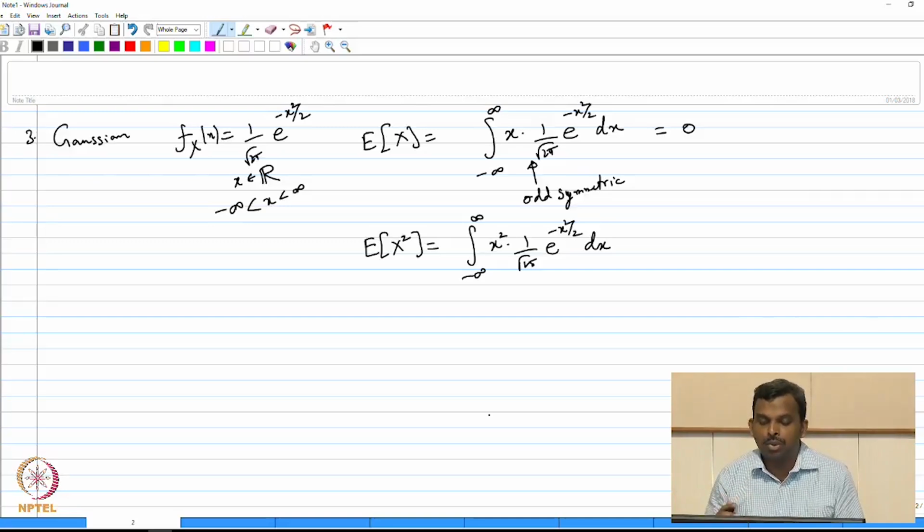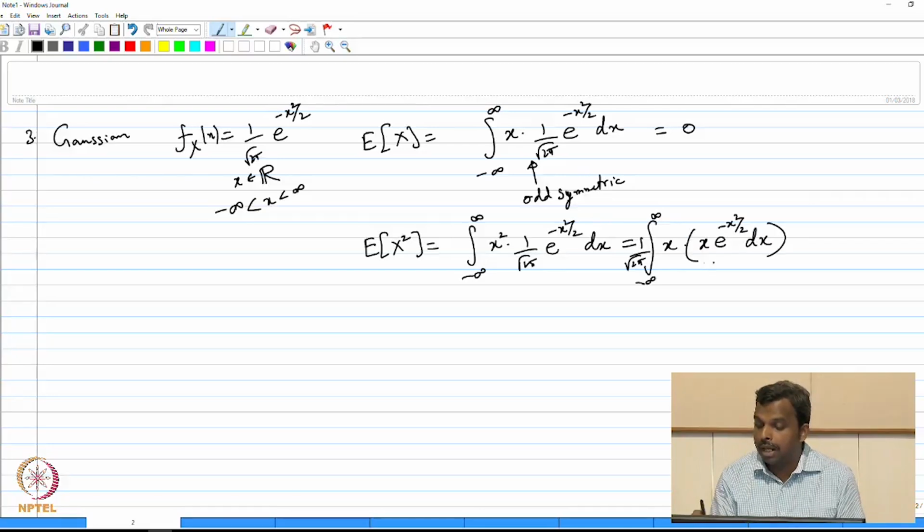Different people do it differently, but this is the way that I like to do it. You do the integral from minus infinity to infinity, keep x here, and the 1 by root 2 pi plays very little role here, so let it be as it is. And then what you will have left is x times e to the power minus x squared by 2 dx.